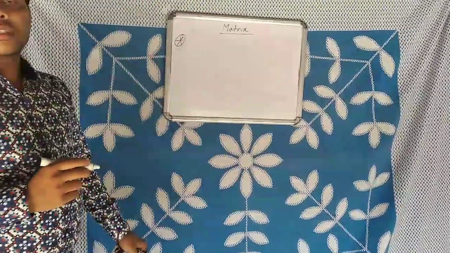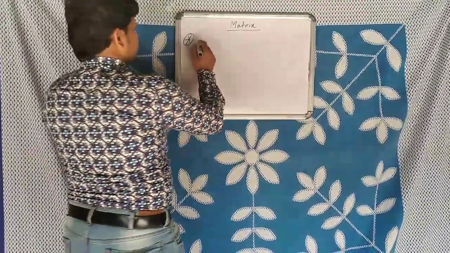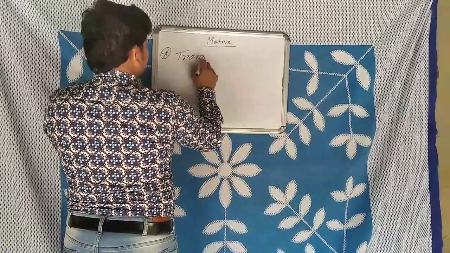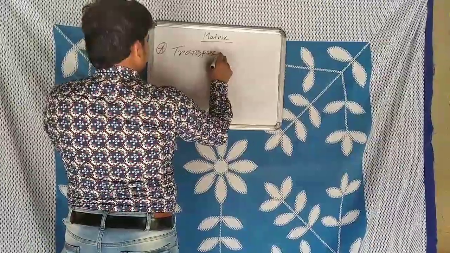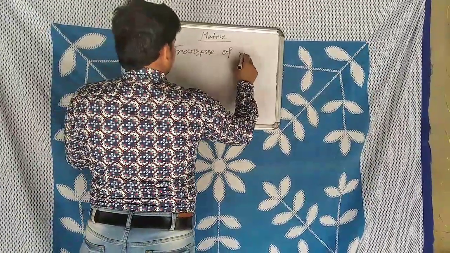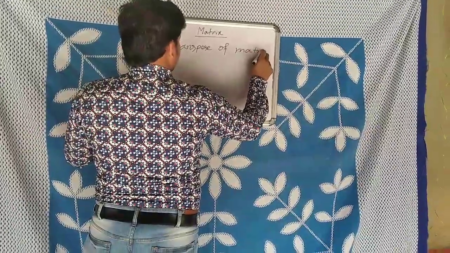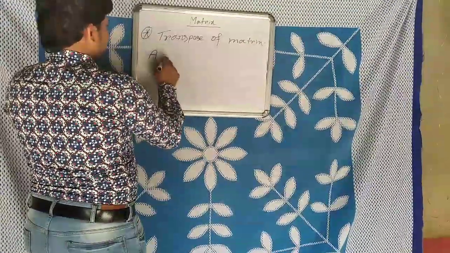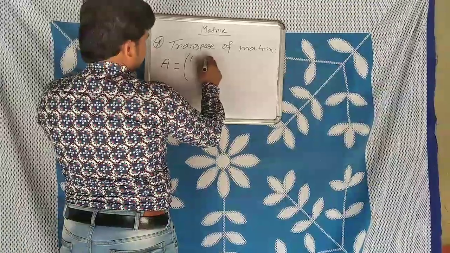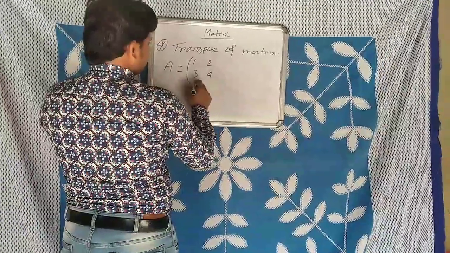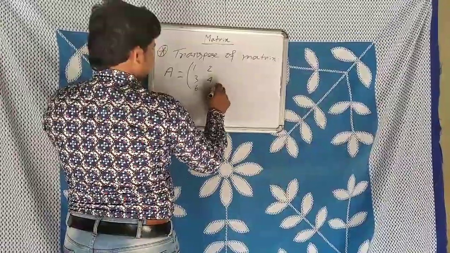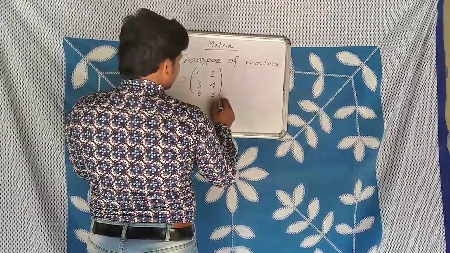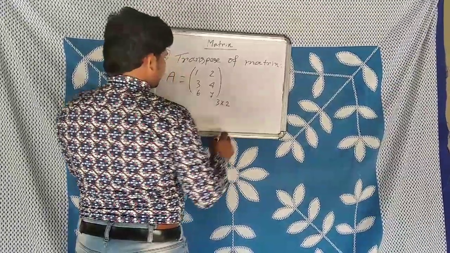Next topic is transpose of a matrix. Suppose consider a matrix capital A: 1 2, 3 4, 6 7. The order of this matrix is 3 cross 2.